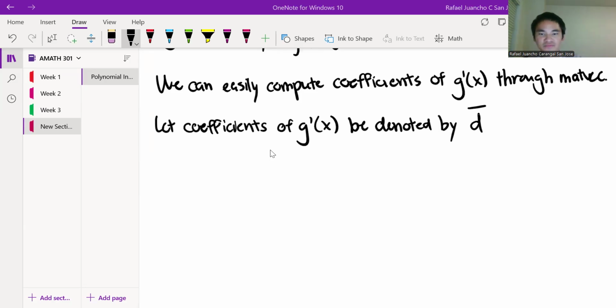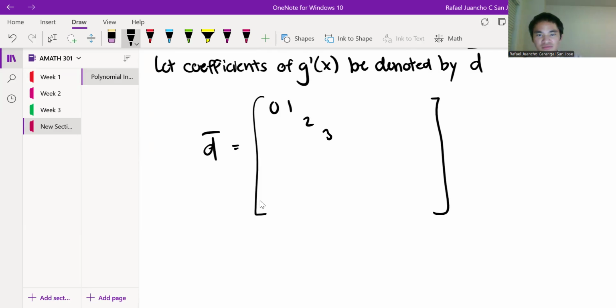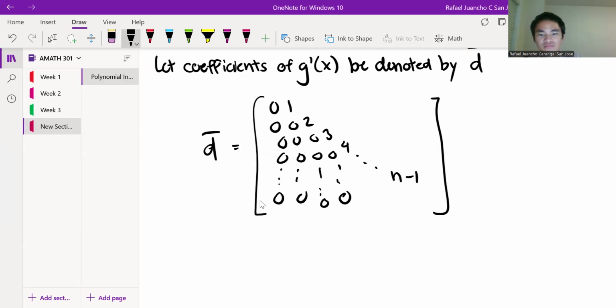And so we're going to say that my d symbol is going to be a bunch of numbers, right? So it's going to be 0, 1, 2, 3, 4, all the way to n minus 1, and then the rest are going to be zeros, right? So these are all just going to be zeros.